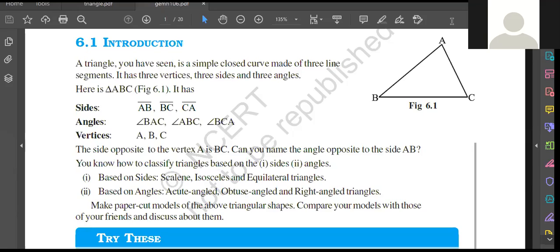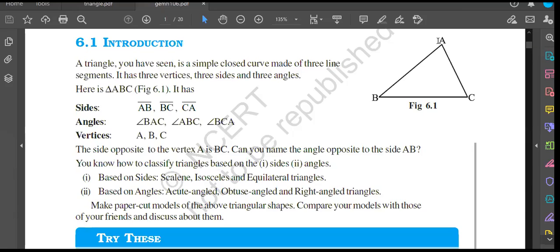Very good. Now, when you talk about this triangle, it's a three-sided polygon, having three sides. So I can say that these three sides are the parameters. Now, apart from these three parameters, which are the sides, what are the other parameters? Tell me, what can be the other parameters of a triangle?